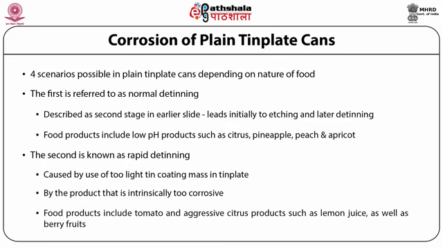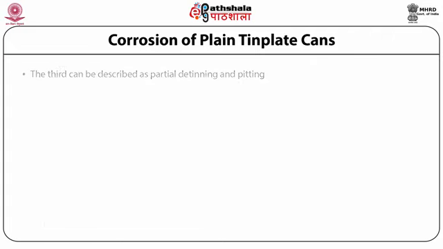Food products characteristic of this type of corrosion include tomatoes and aggressive citrus products like lemon juice as well as certain berry fruits. The third type can be best described as partial detinning and pitting.